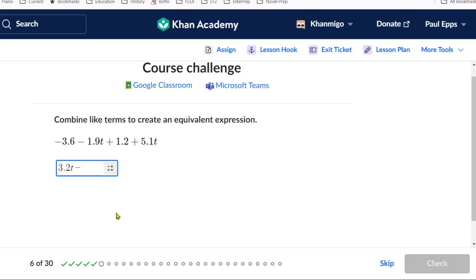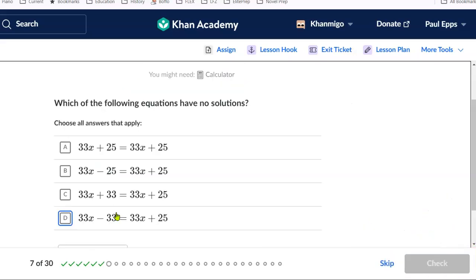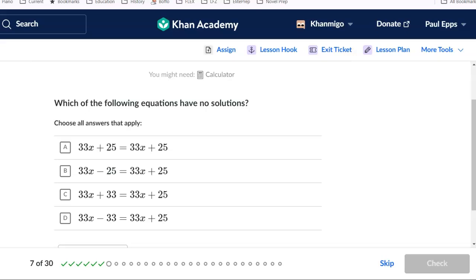minus 2.4. All right. Which of the following equations have no solutions? Okay. Well, A has an infinite number of solutions. B, that doesn't have a solution. There really isn't any number that you can add 25 and subtract 25 and get the same number.